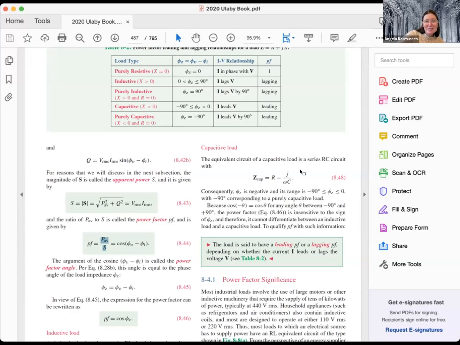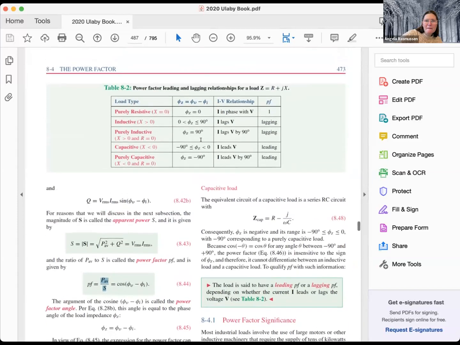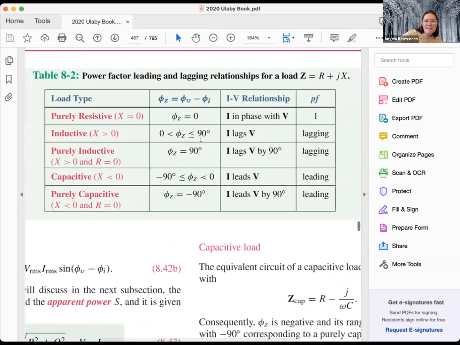Again, there's a lot of different terms for this unit. It gives you more of a description of that purely resistive. You see there's no phase change between V and I, and that's a PF of 1.